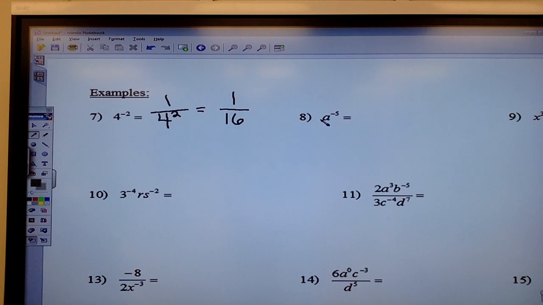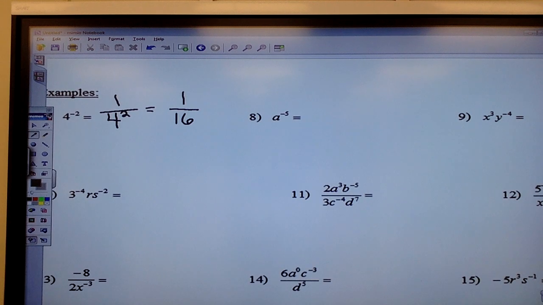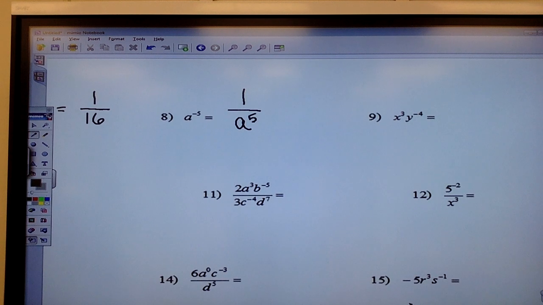Okay, I want to give you a chance to do the next one. Great, you should have gotten 1 over a to the 5th. Okay, let's look at number 9. Now notice x cubed is positive. So when you see things in this form, it's almost like it's already in the numerator, okay?